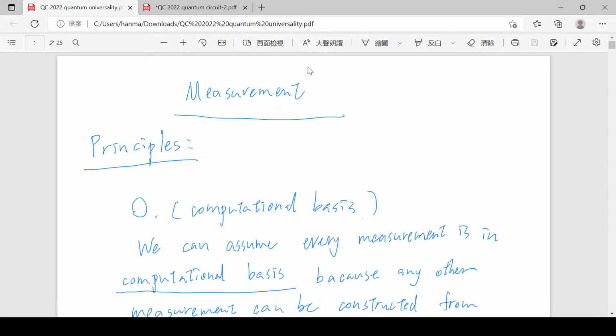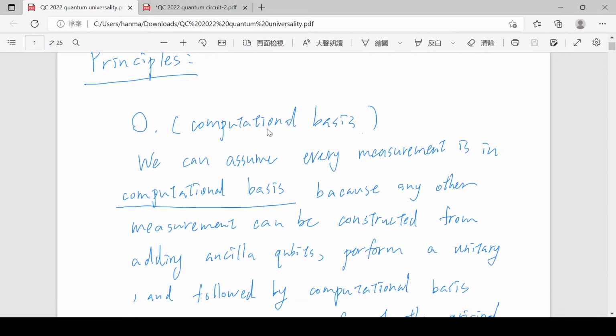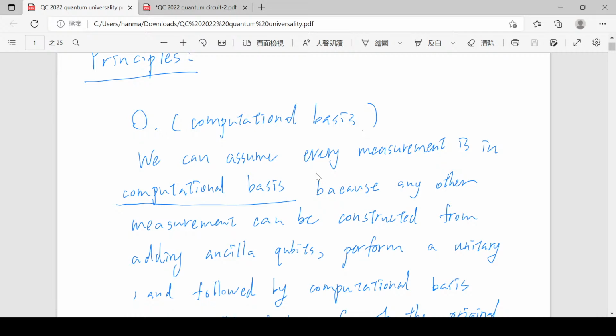Okay, so the first part is these measurement principles. And the zeroth principle, which we already talked about, is that we can assume all measurements are in the computational basis. So whenever we write down the measurement symbol, it's in the computational basis.